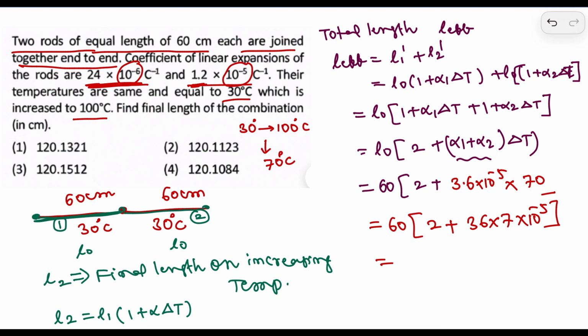If you do the final calculation, it is 120.15 centimeter. Okay, it is in centimeter. This is L effective. Okay, so 120.15. Carefully we can choose this one. It's 120.15. So option 3 is correct.